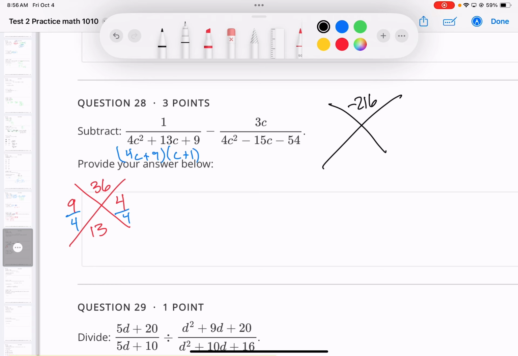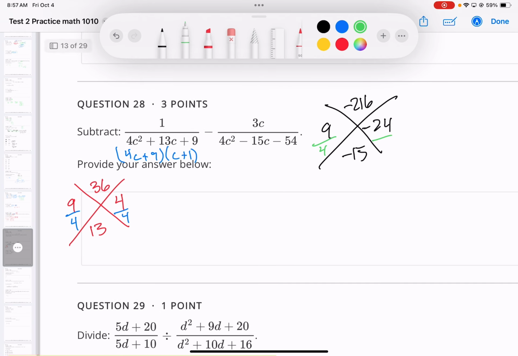It's 24. So 9 and 24. I need it to be a negative 15. So this one's going to be negative. That works out. Divide by 4. Divide by 4. So this is going to give me a 4c plus 9. And then a c minus 6.